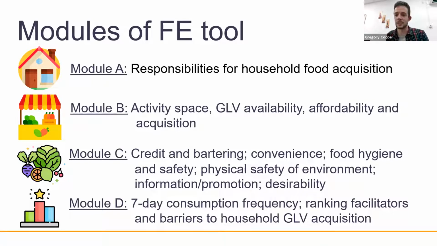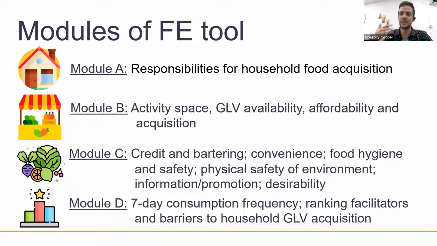What we try to do is identify the top 3 reasons why the participant actually purchases GLVs for the household. Is it aspirational? Is it due to convenience? Is it due to price relative to other food groups, and so on? This module then not only provides an explicit ranking, but also serves as a kind of validation for the rest of the survey.